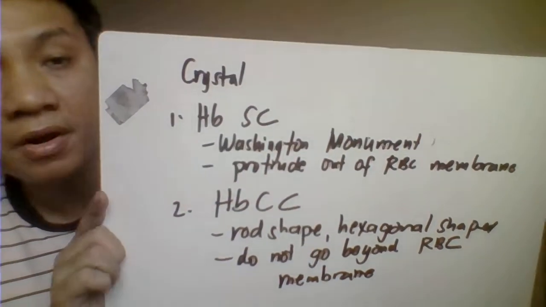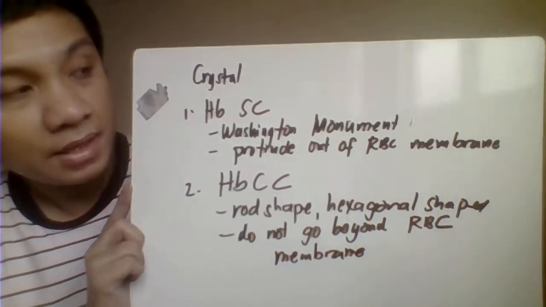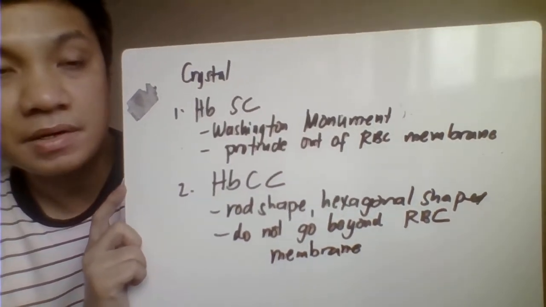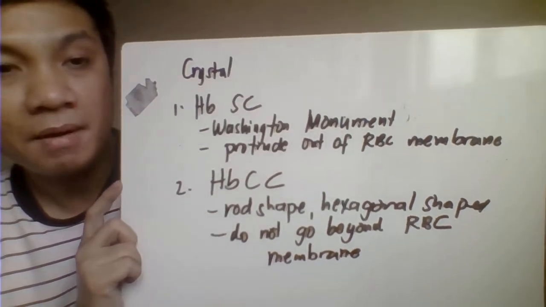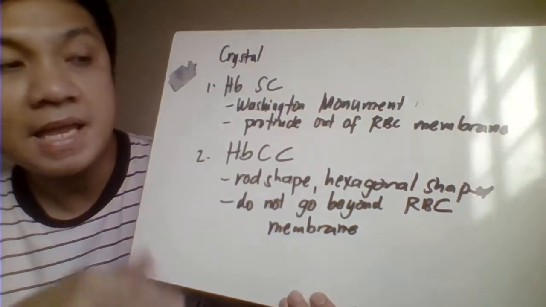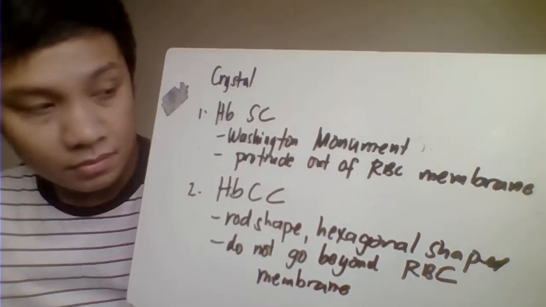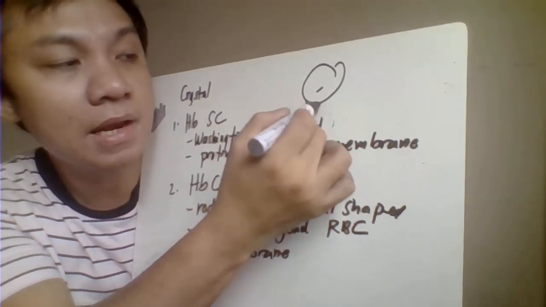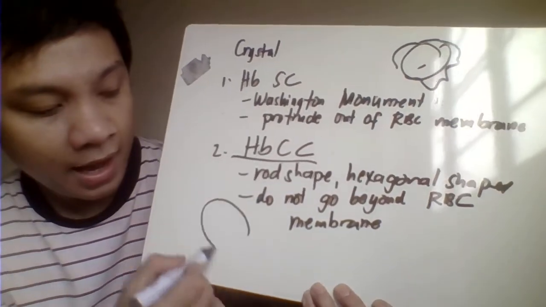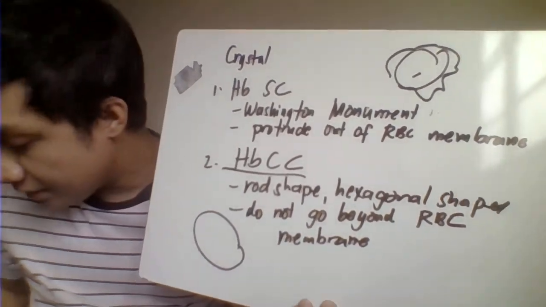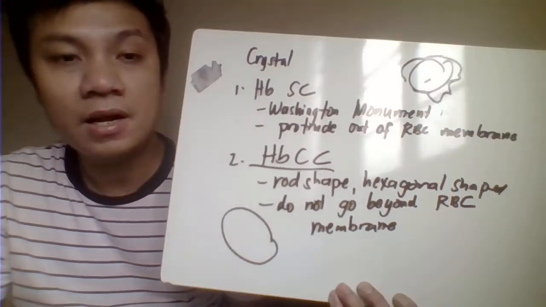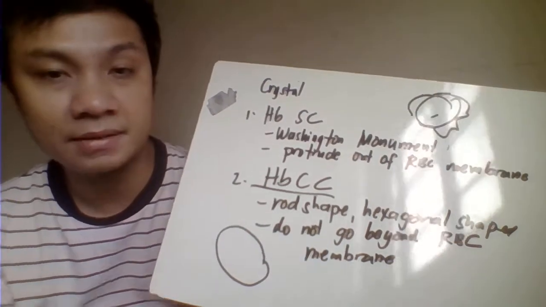For the crystal form, we have your hemoglobin SC crystals, the Washington Monument, characterized by crystals that are leaf-like and protrude beyond the RBC membrane. Whereas your hemoglobin CC, on the other hand, has a rod shape, a hexagonal crystal shape, and that one does not go beyond the red blood cell membrane.